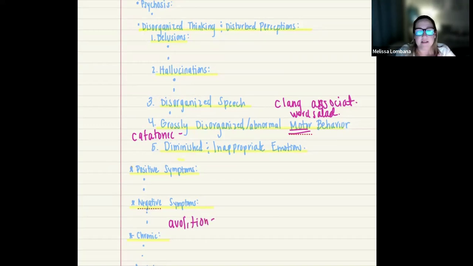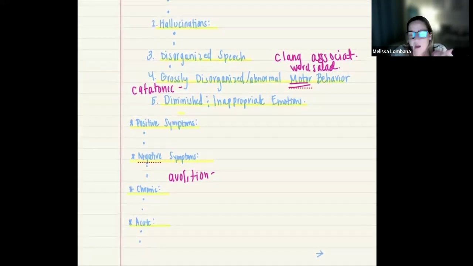Avolition is basically a significant decrease in or absence of any purposeful activity. What happens with this is that they may sit or stand for long periods of time, not moving or showing any interest in participating in any activity. Okay? So definitely empathy there, right? For people struggling with schizophrenia.